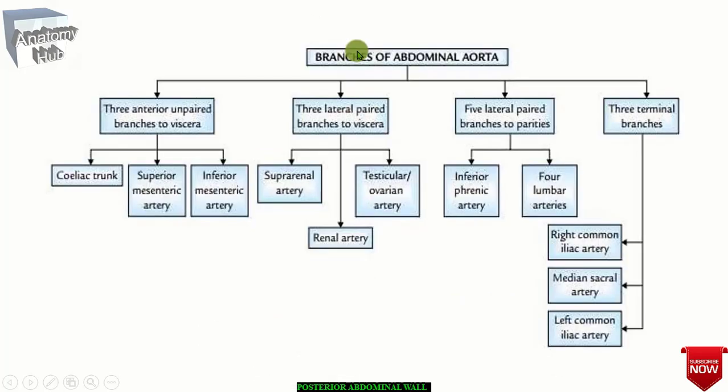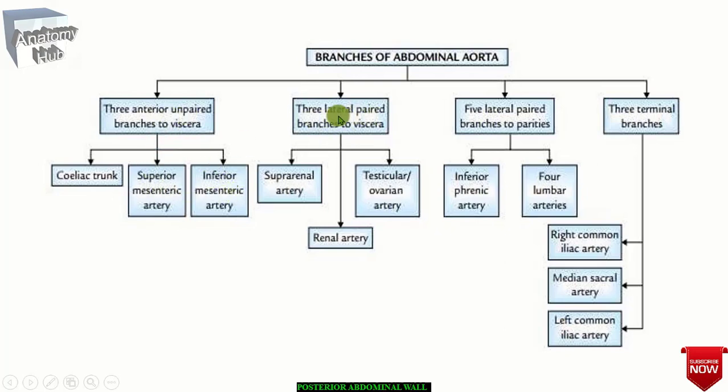Here we have given a flow chart about the branches of the abdominal aorta. You can see the three anterior unpaired branches that go to the viscera: the celiac trunk above, and below that the superior mesenteric artery, and below that the inferior mesenteric artery, and they are unpaired in nature.